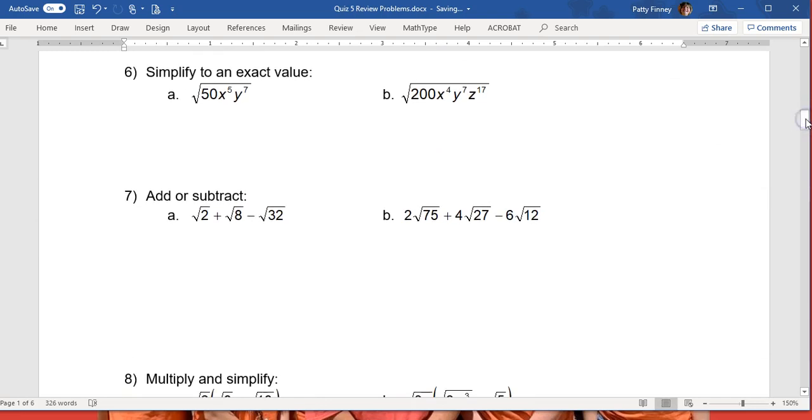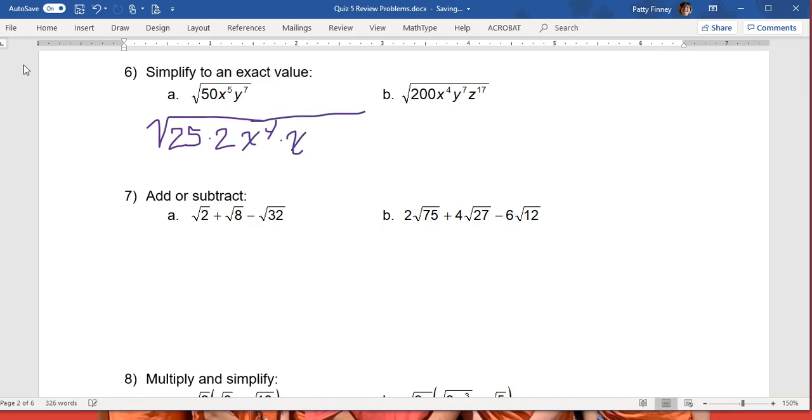Then we have the second one here with some simplifying with some variables. So we do the same thing. We break the 50 down. The square root of 50 is the square root of 25 times 2. The square root of x to the 5th is x to the 4th times x.